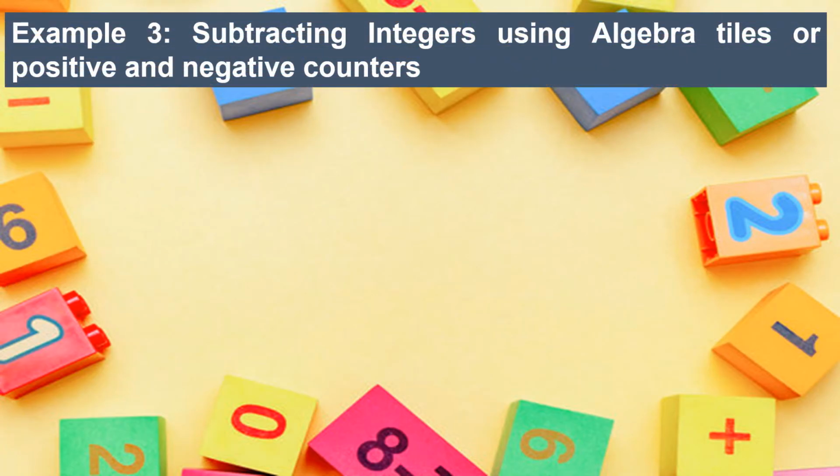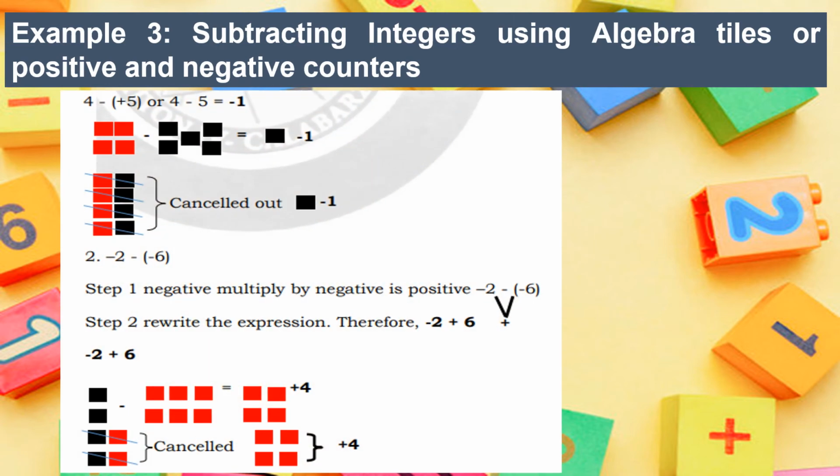Next, example 3. Subtracting integers using algebra tiles or positive and negative counters. Example: 4 minus positive 5, or 4 minus 5, equals negative 1. So, paano siya naging negative 1?